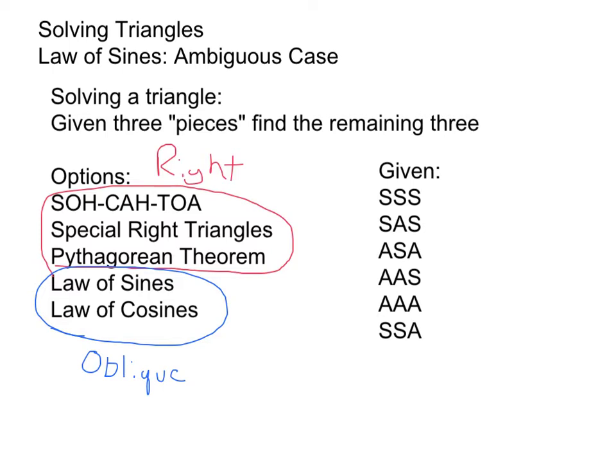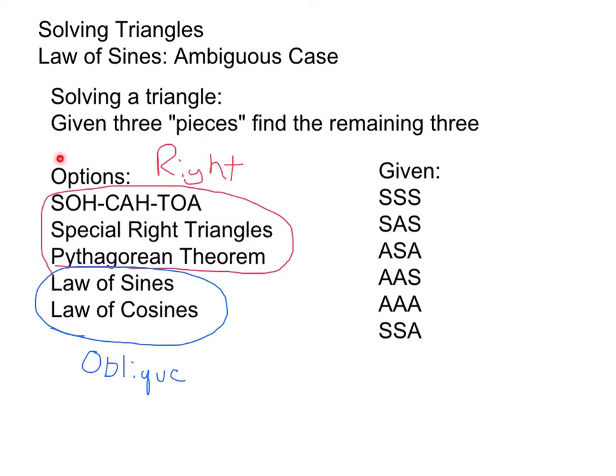If you don't yet know that the triangle is a right triangle, then you have the law of sines and the law of cosines. What's interesting is you can use the law of sines and cosines for right triangles. So these two at the bottom work for any triangle. These three at the top only work if we're given that it's a right triangle. So you must know that to use the three original ones.